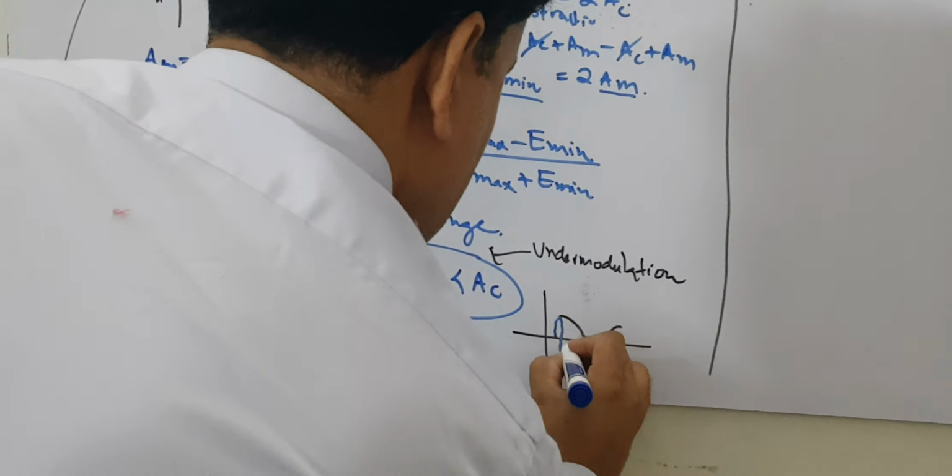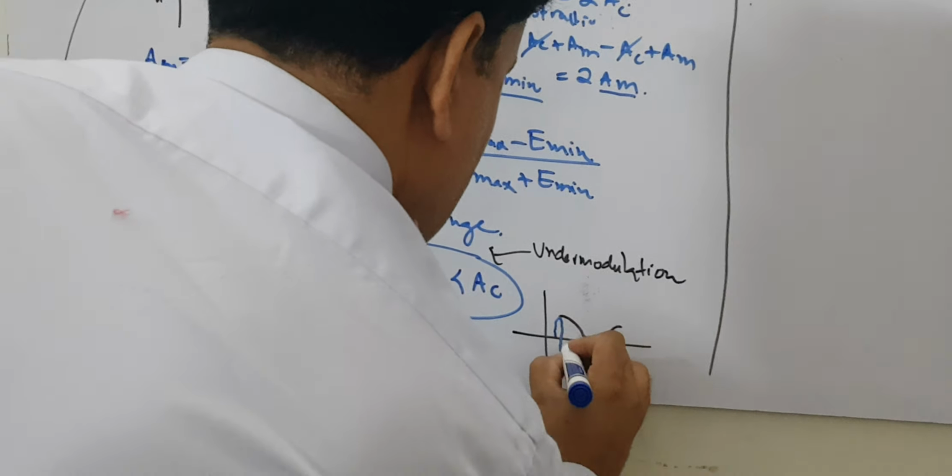It means the modulation is critical modulation. The third case is where your modulation index is bigger than 1.